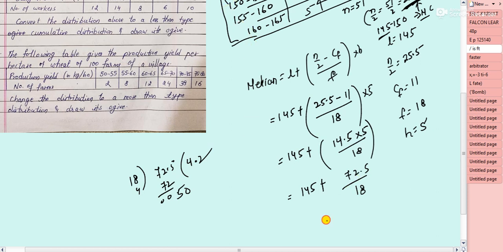Yeah, so 145 plus 4.2 becomes 149.2, and that is your answer.